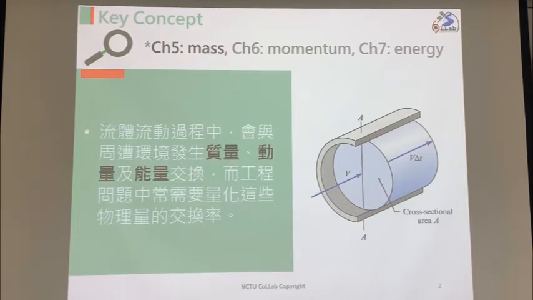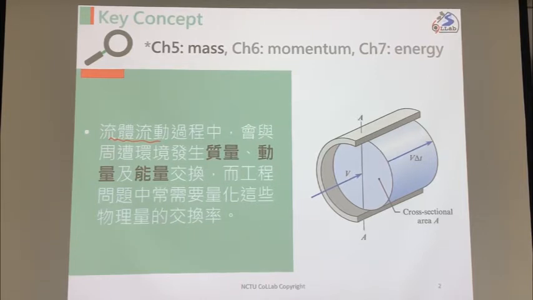So this chapter is very important. If you can fully understand what I mean in this chapter, the following chapters are quite easy to understand. As I mentioned, in this chapter the fluid is moving, so if you fix one cross section, some physical property will be exchanged along these sections.